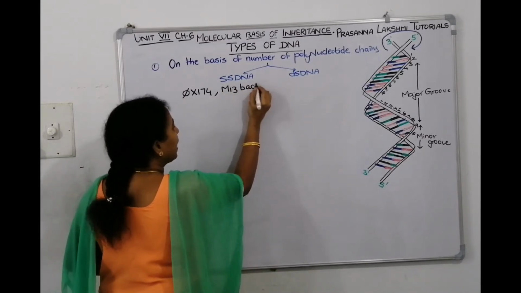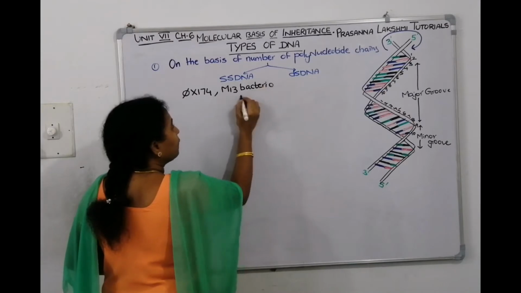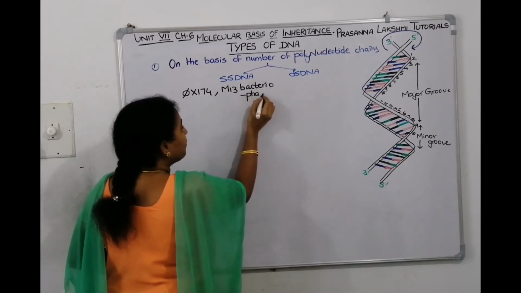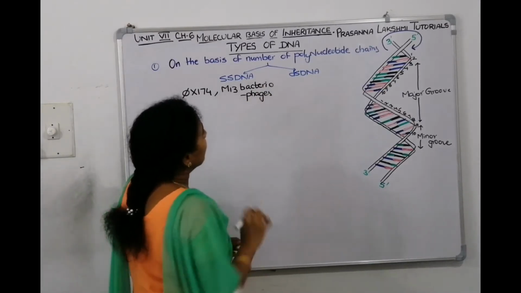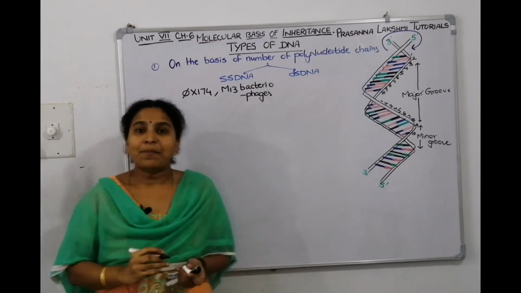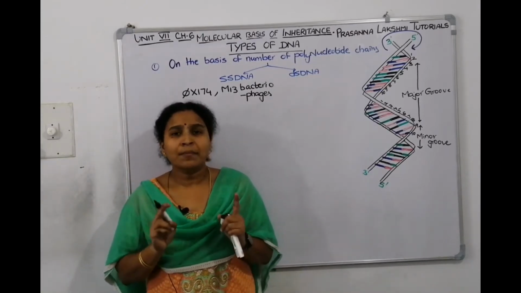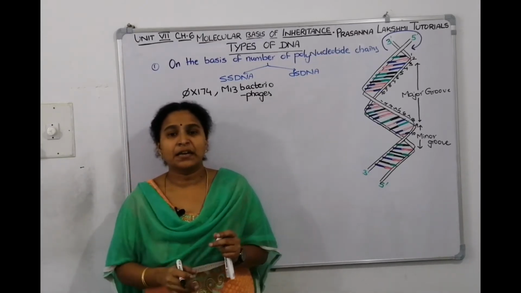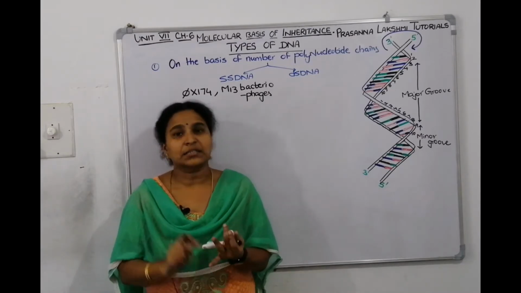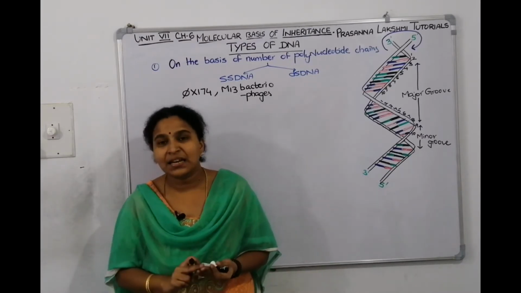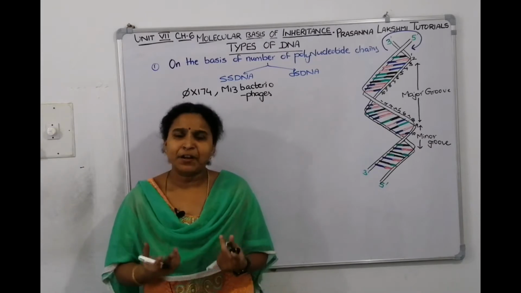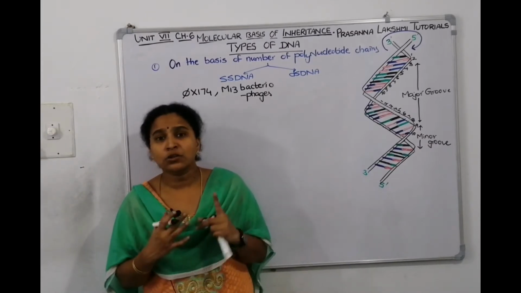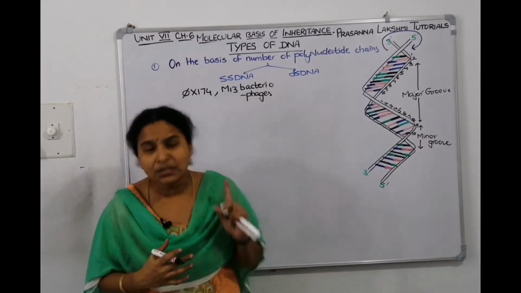So these two are the main examples. Both of them are bacteriophages only, and both will have single stranded DNA as the genetic material. Whereas double stranded DNA is the most common type of genetic material. It is seen in plants, animals, bacteria, protists, everywhere. In the majority of viruses also, double stranded DNA is the genetic material.